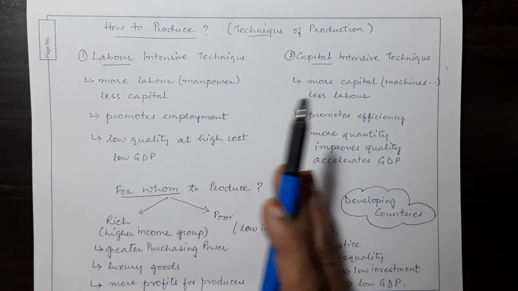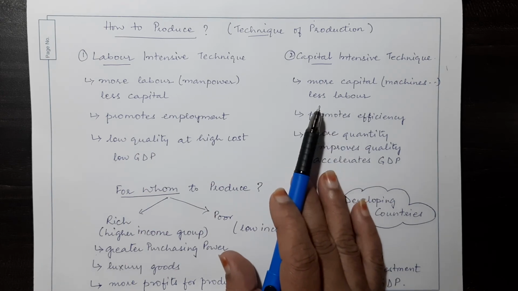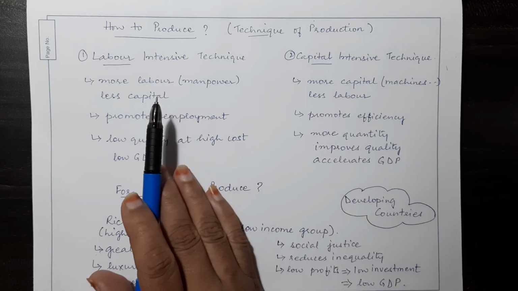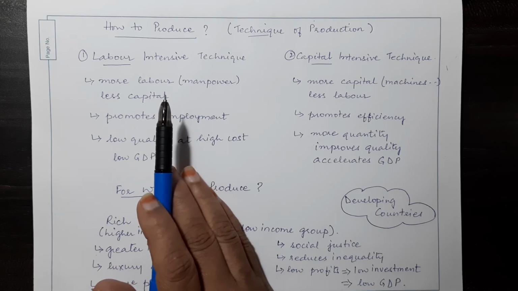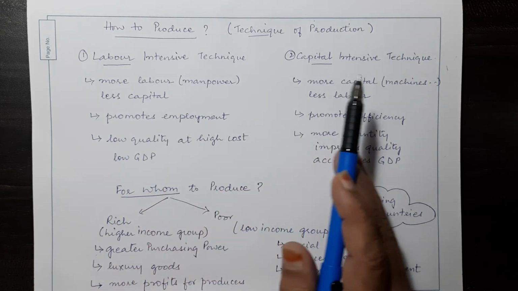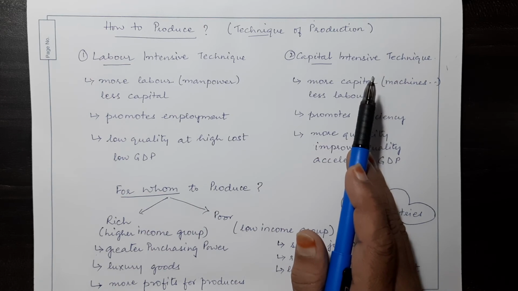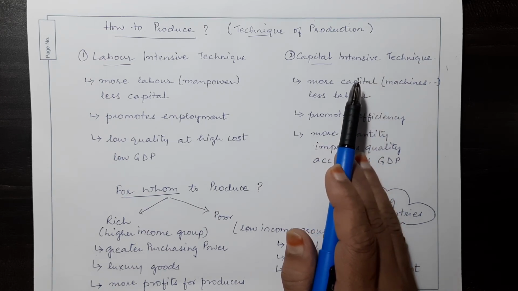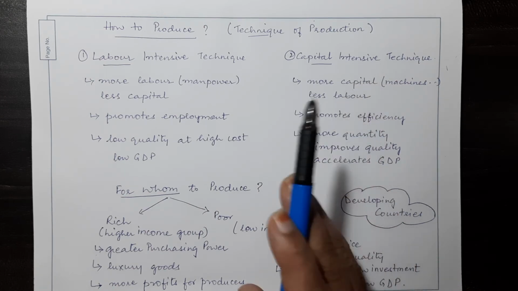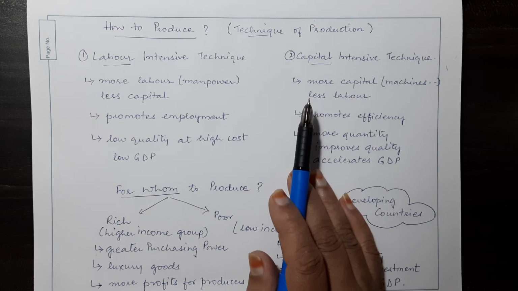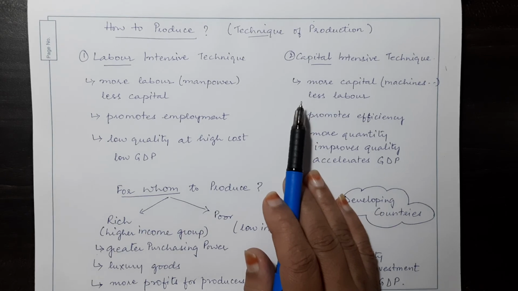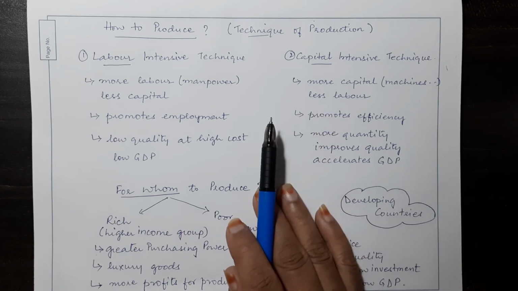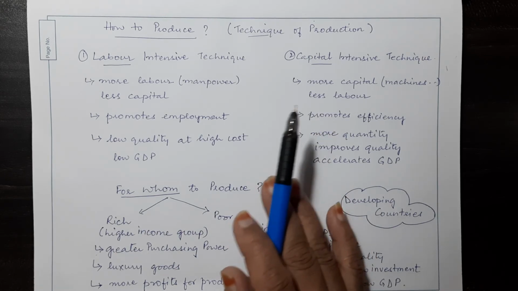Now, how would the three economies look at this? If it is a market economy or a capitalist economy, it would look into profit maximization and hence it would use capital intensive technique. Now, if it is a centrally planned economy, that means where the government takes the hold, there social welfare is more or maximizing social welfare.